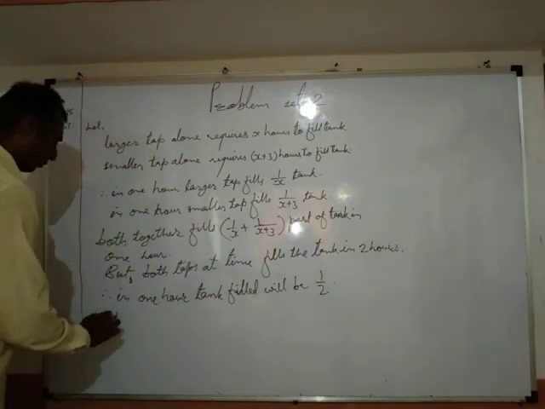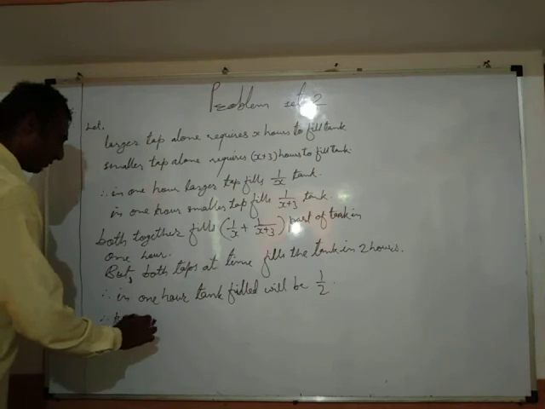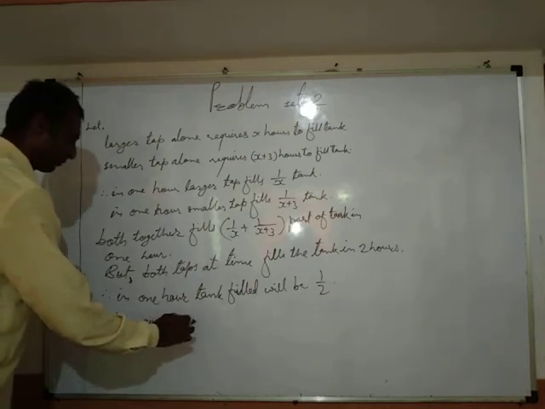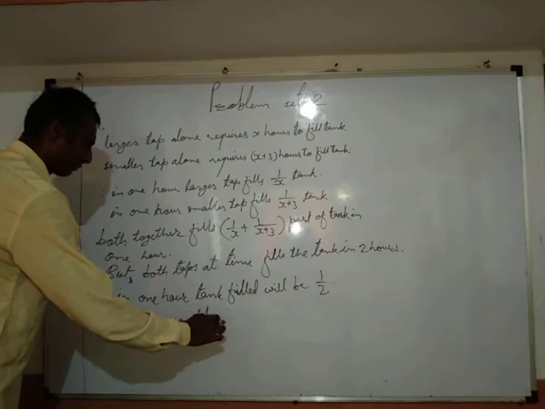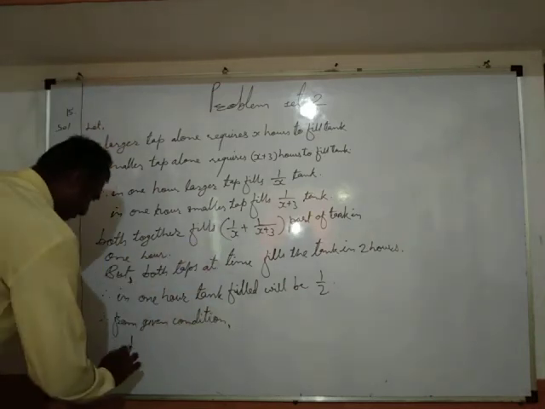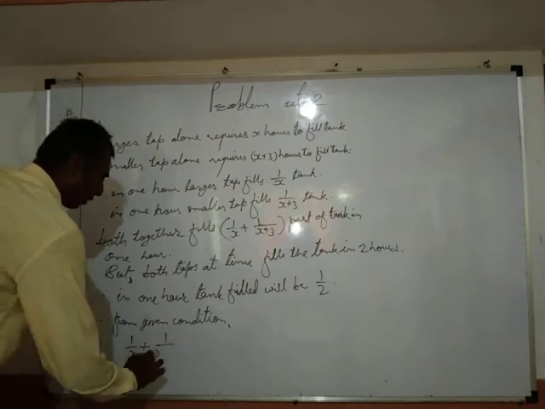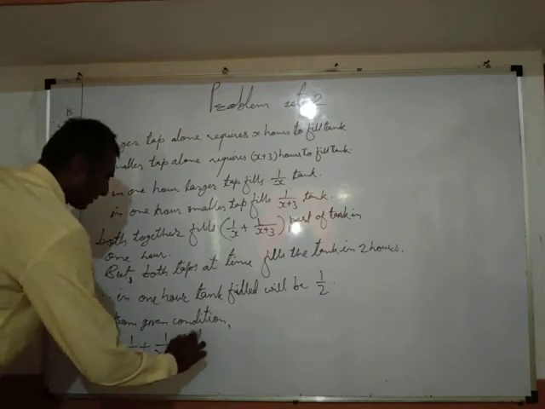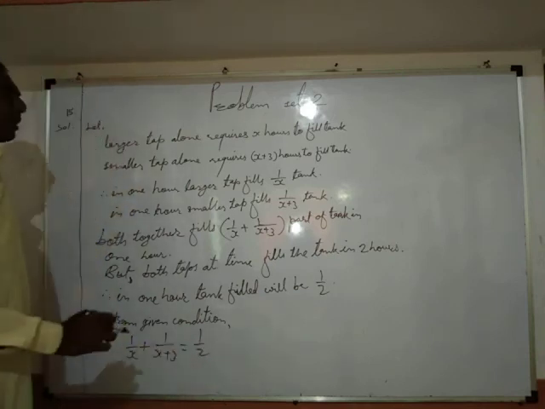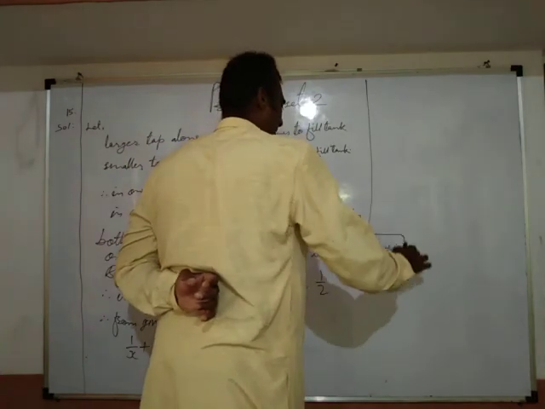And therefore from the given condition, yes, both together means 1 upon x plus 1 upon x plus 3 fills 1 upon 2 part of the tank. Now let's simplify this equation.